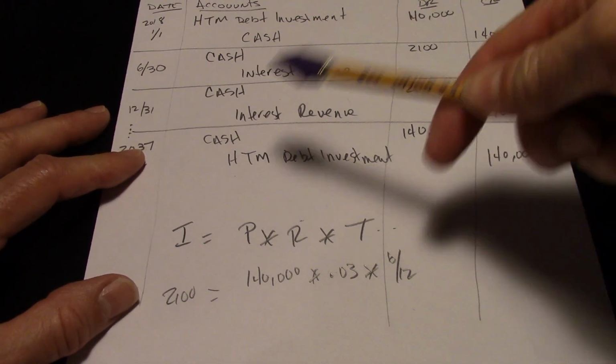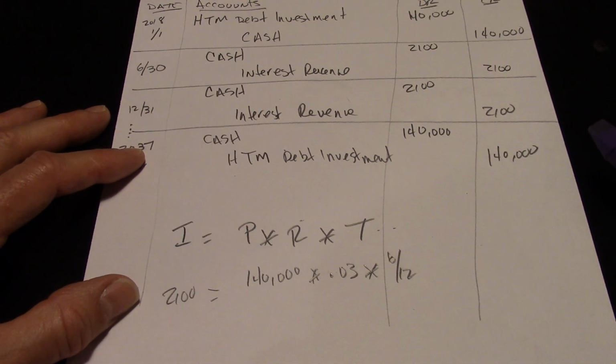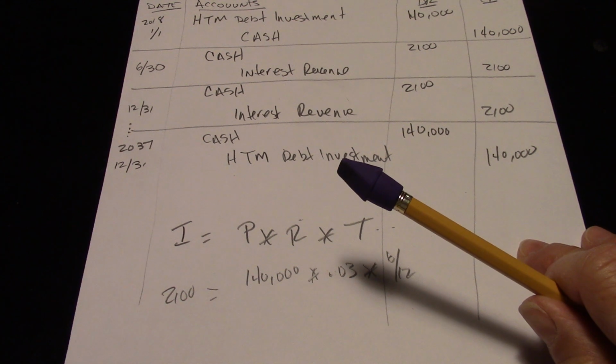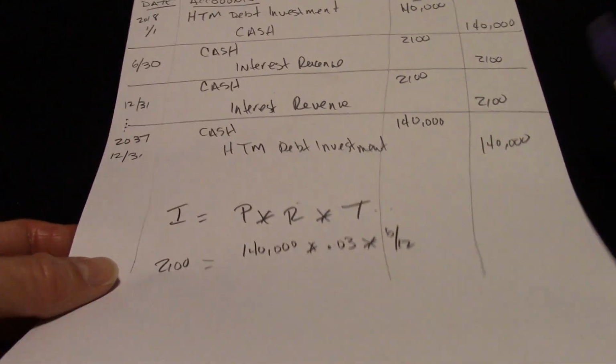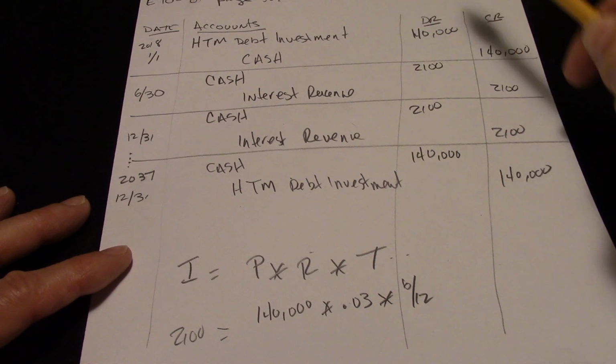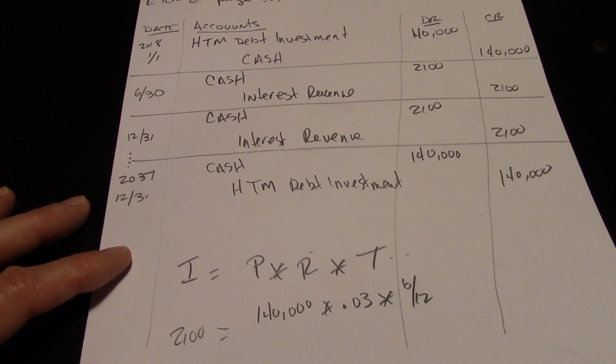These are the kinds of things you would have to do on the exam for a bond. We're not going to do the other kinds of bond investments, such as a bond held available for sale. So the only kind of bond investment is this held to maturity. You have to put it on the books, accrue and receive interest, and maybe take it off the books.